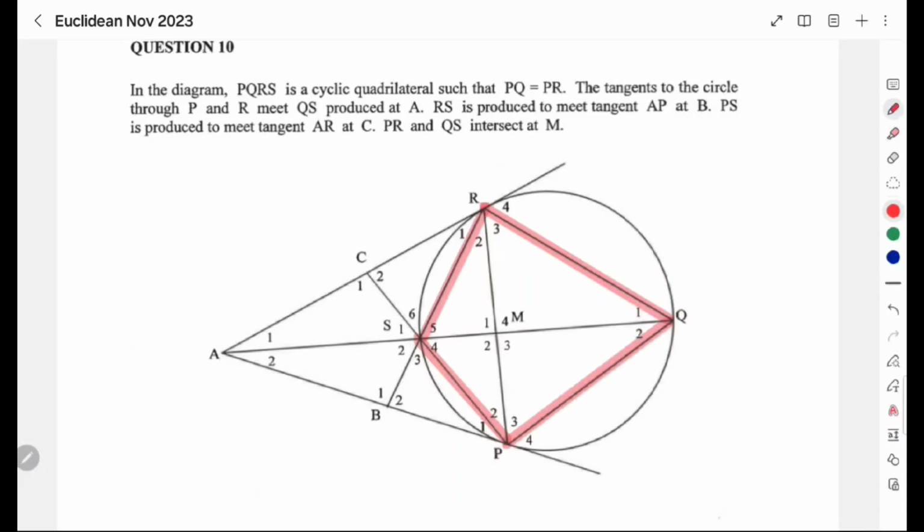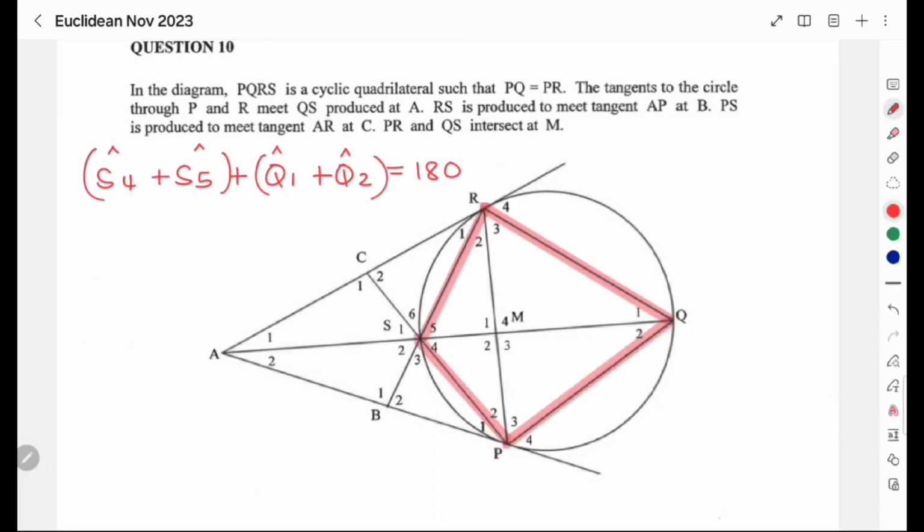And that means that the angle S4 and S5 plus the angle Q1 and Q2 is equal to 180. Opposite angles of a cyclic quad are supplementary.